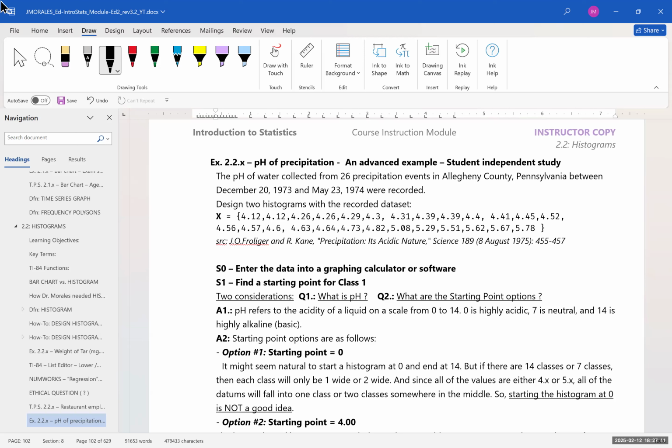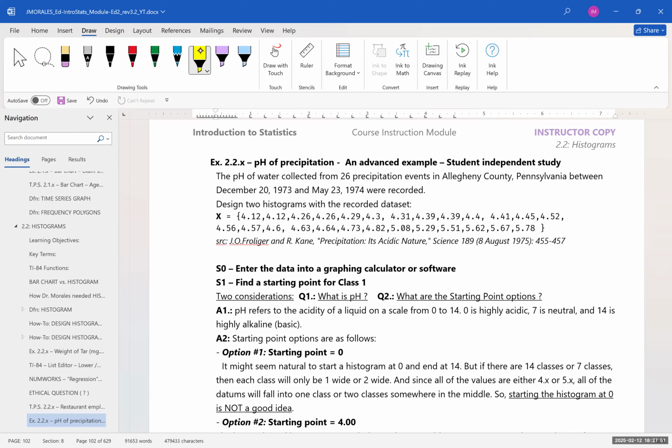What do you do when you start working with real world data that's measured and has decimal places of accuracy? How do you wrangle in some of those rough edges, some of the squirrely nature of nature, and still create a histogram? So that's what this example is meant to give. I'm also putting some extra thoughts into how you choose starting points and things of that nature. So let's get into it, and I'll explain things as I go along.